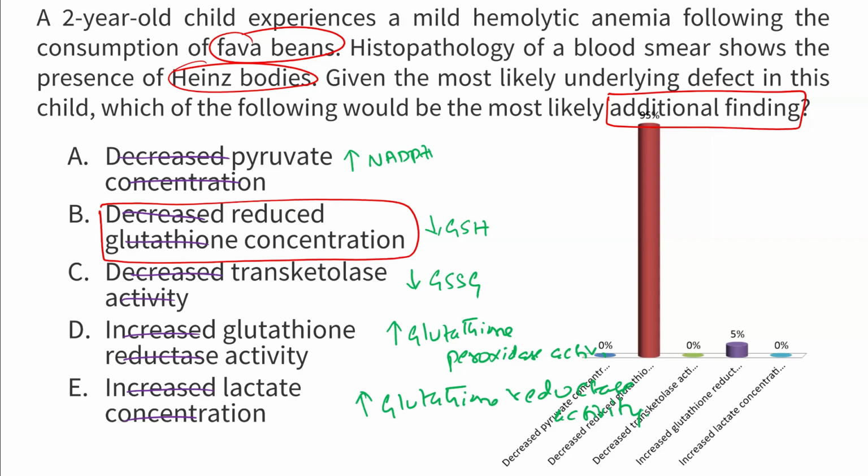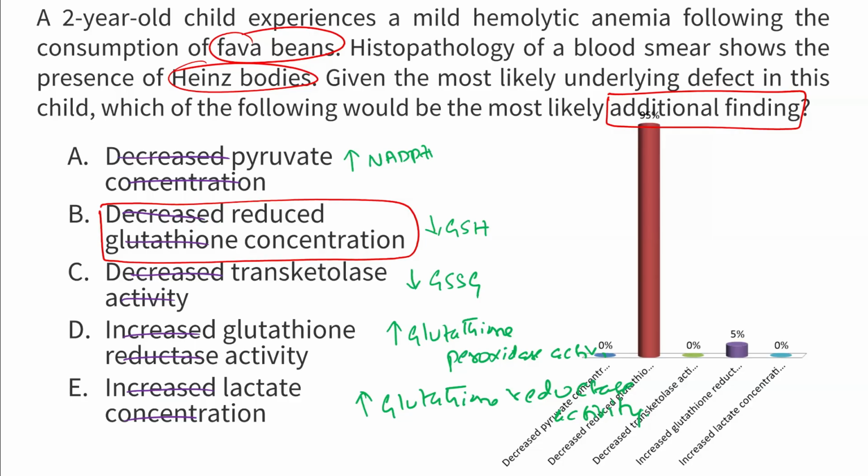See how you are getting confused now. The answer is still B, is it not? What is decreased? GSH is decreased. Your antioxidant is decreased, is it not? In G6PD deficiency, the antioxidant is decreased.